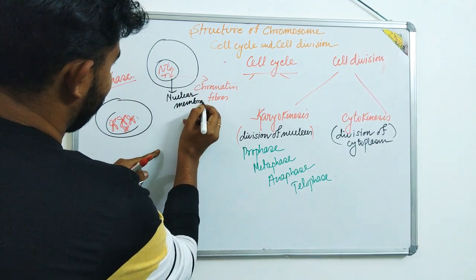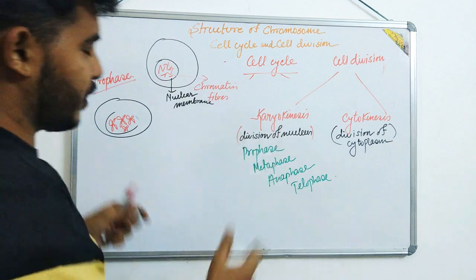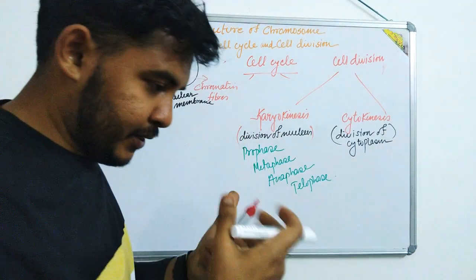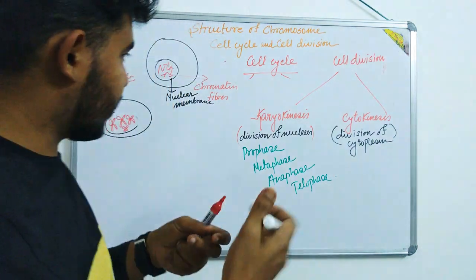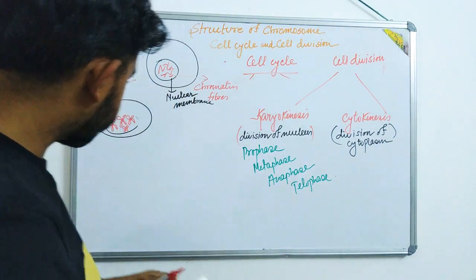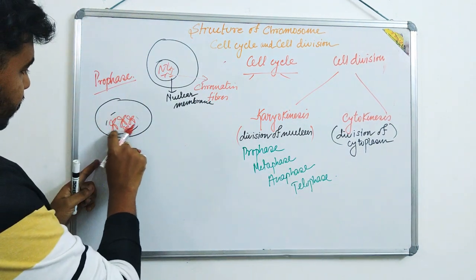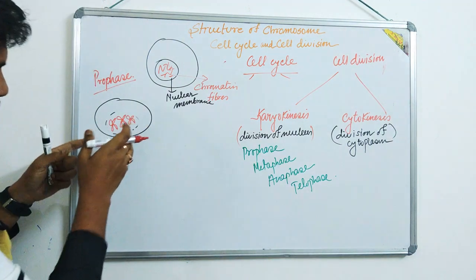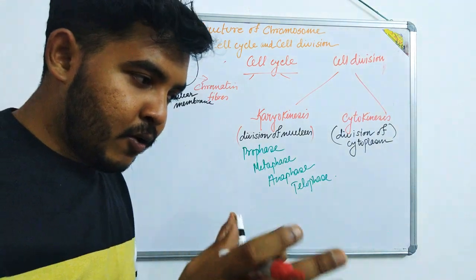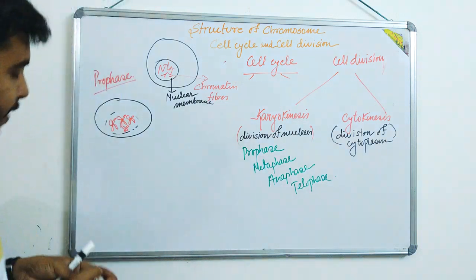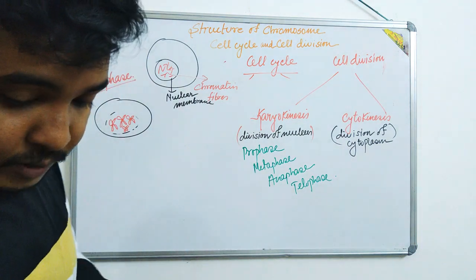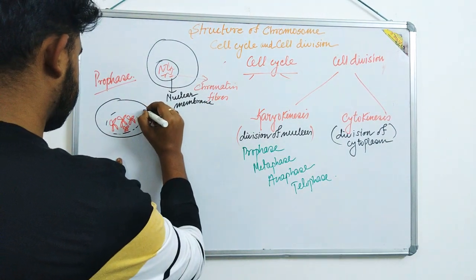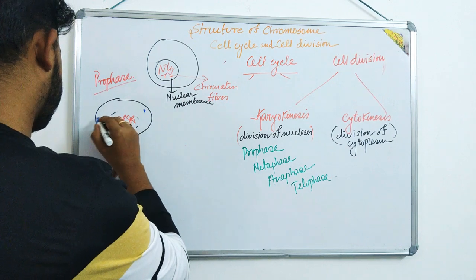At first in this prophase, these chromatin fibers start condensing, and all the water inside the nucleus just goes out. Whatever is inside just gets dried out, and this nuclear membrane just vanishes. So these chromosomes are open in the cytoplasm. And one more thing, the centrosomes just go to the poles.